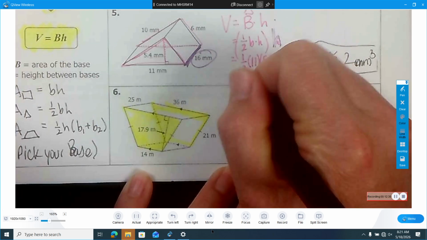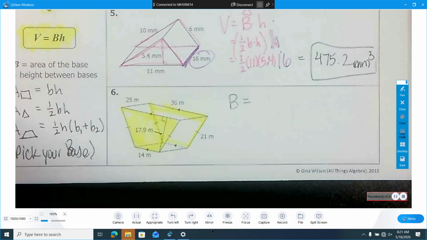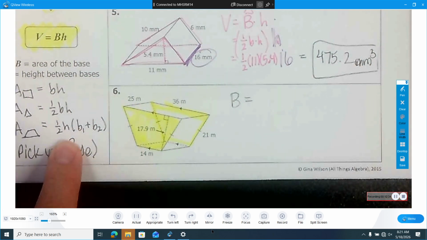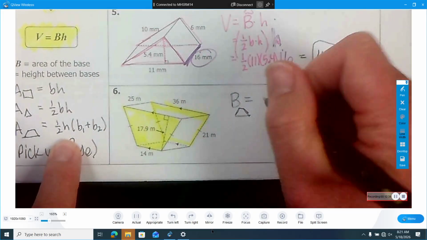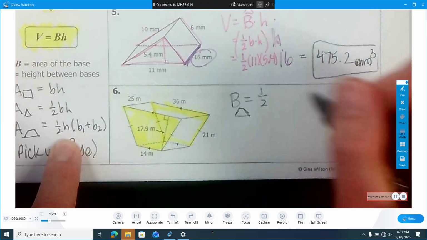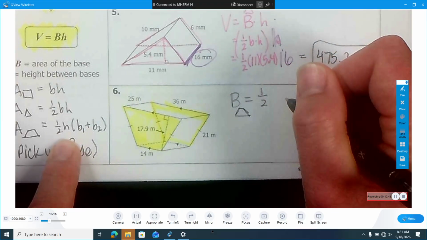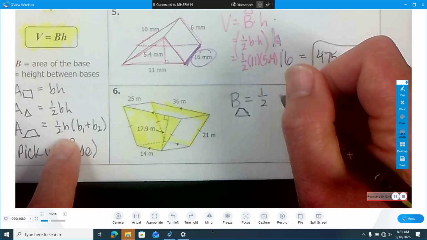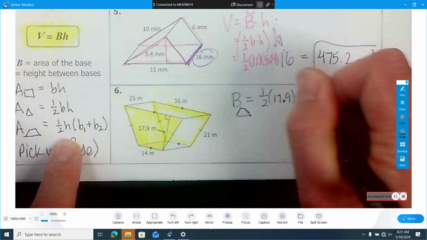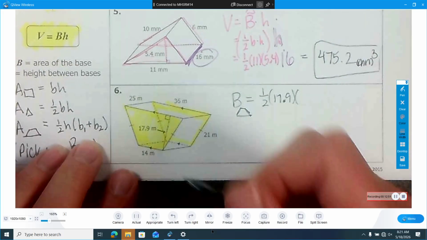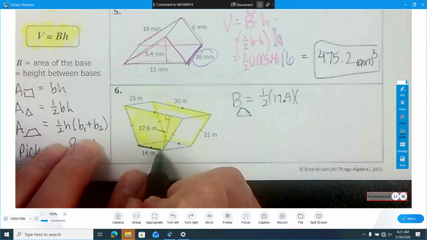And so if I want to find the area of the base, we're going to use our trapezoid formula. All right, so there's our base is a trapezoid. 1/2, the height of the, what's the height of the trapezoid? 17.9. And then base 1 and base 2. What base? I got a 14.